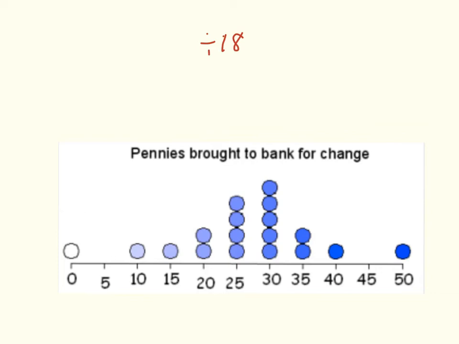If I added all these amounts up, 0 plus 10 plus 15 plus 20 plus 20 plus 25, etc., I would get 468 because I already did it. And if I divide 468 by 18, I get my average, which happens to be just about 26. Not exactly, but we're not going to deal with decimals today. So I'm going to put a little mark right there. 26 is my mean.